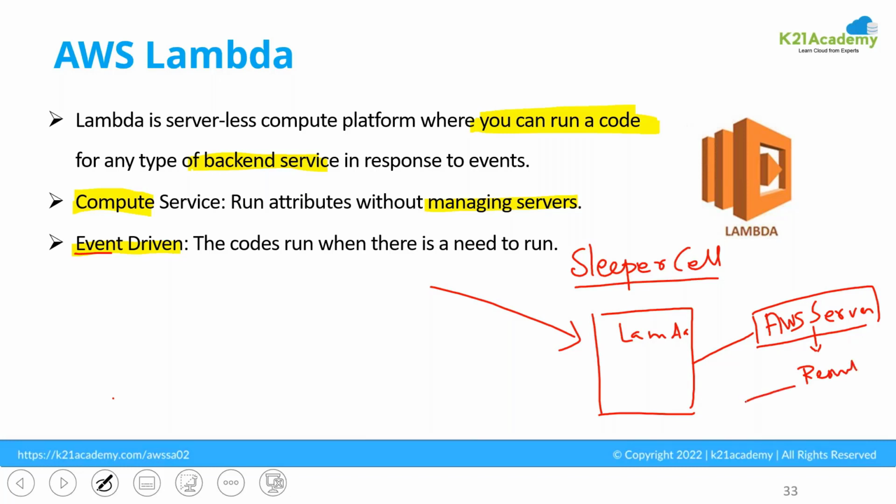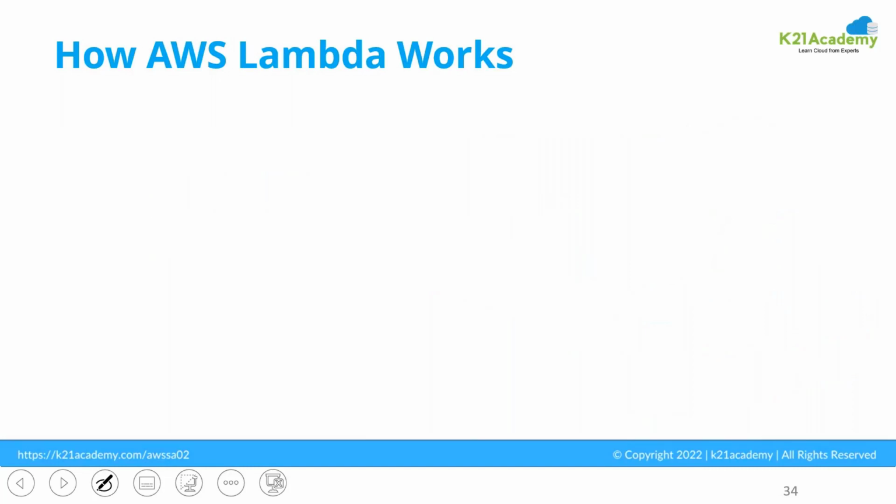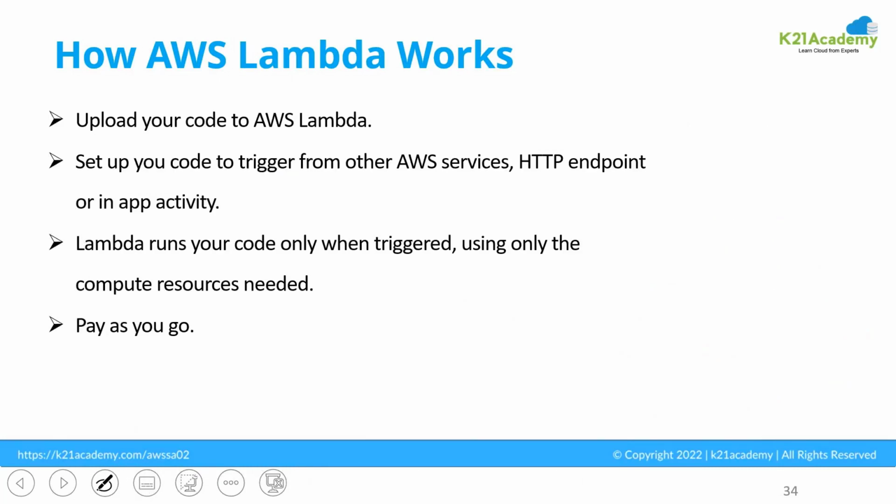And you will only pay for the time period when this function was getting executed, and that too in milliseconds. 10 milliseconds, 15 milliseconds, 20 milliseconds. The milliseconds till the time your function was getting executed, you will be required to pay the charges for.